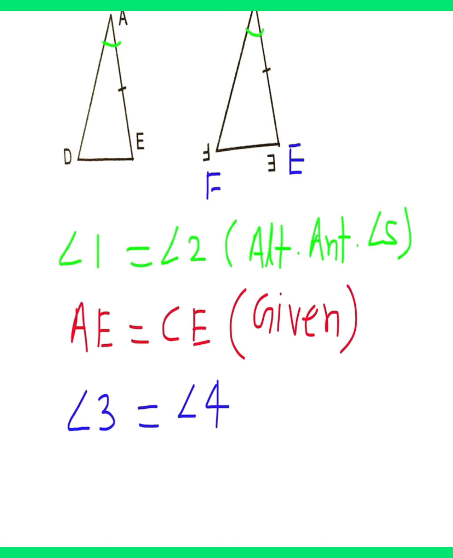Because these two triangles are congruent, all corresponding parts will be equal. You will write why: this is vertically opposite angle.